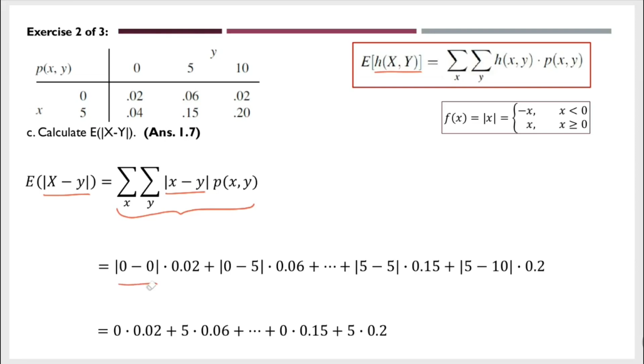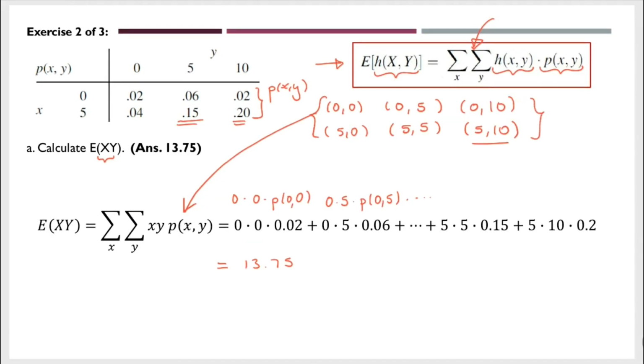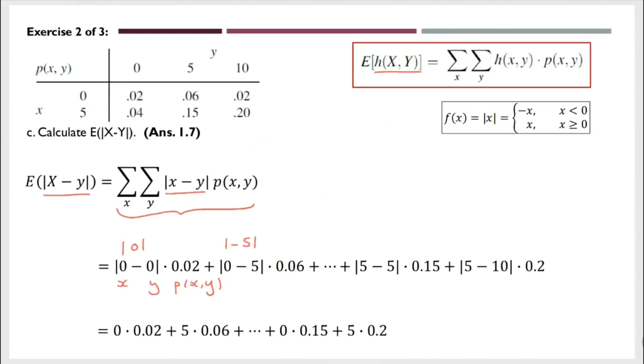And then 0 minus 5 will give you minus 5. And then you'll have to do it for all of them. So these are your different xy pairs, right? All of them, times p(x,y). All right, so once you've done all the pairs, so I'm looking at these same 6 pairs because it's the same table, and you'll end up with 6 of these kinds of terms.